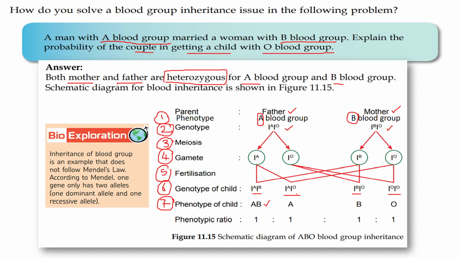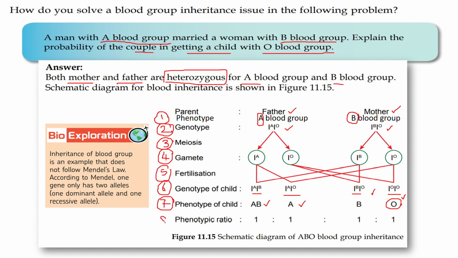Here is heterozygous A, so the child will have A blood group. Same goes to heterozygous B, and if it is homozygous O, that means the child will have O blood group. So that means it is possible.